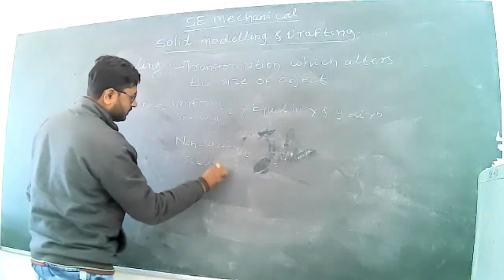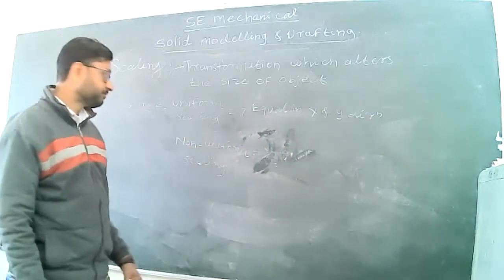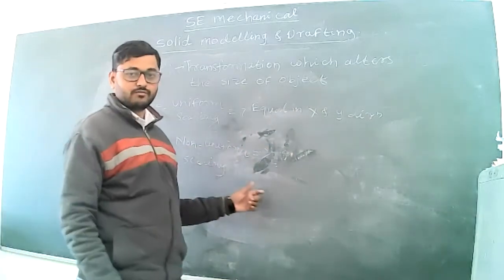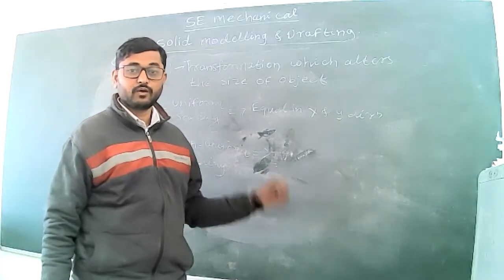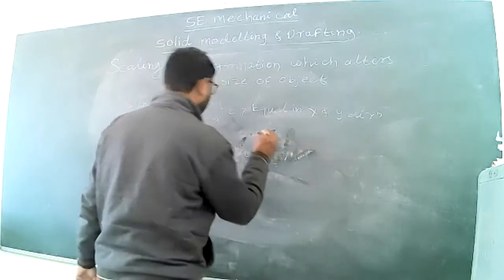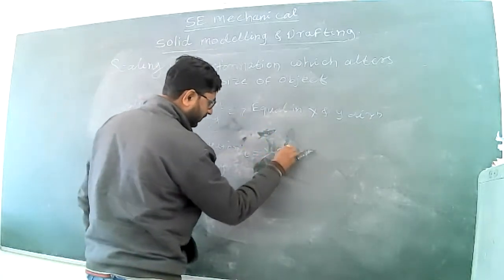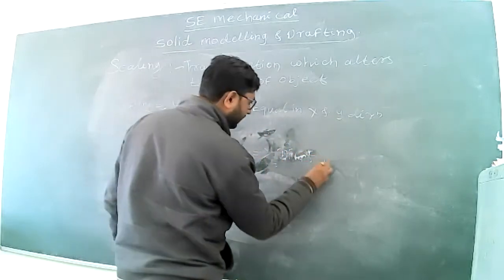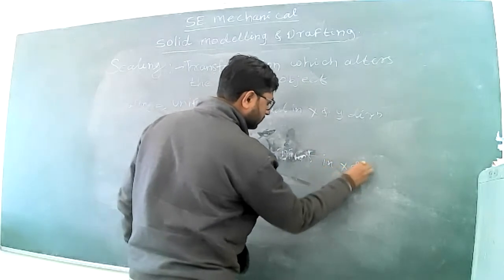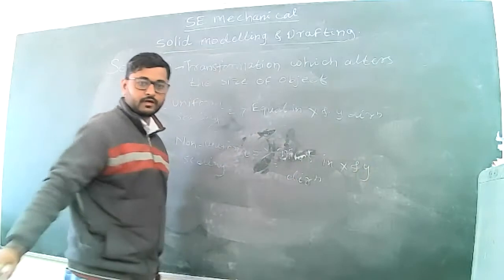And the second type of scaling is non-uniform scaling. Non-uniform scaling means what? The alteration of object is different in x and y direction. That is, the object's size is not uniform in x and y direction.